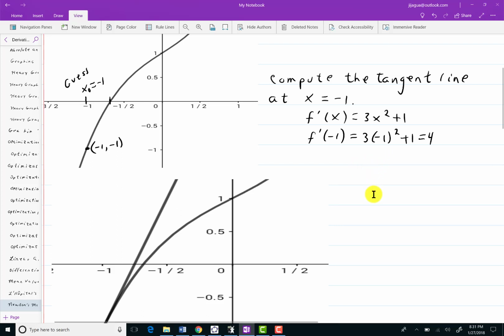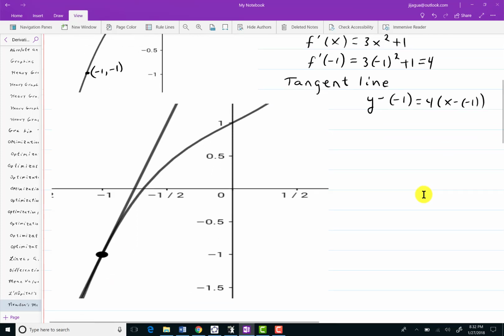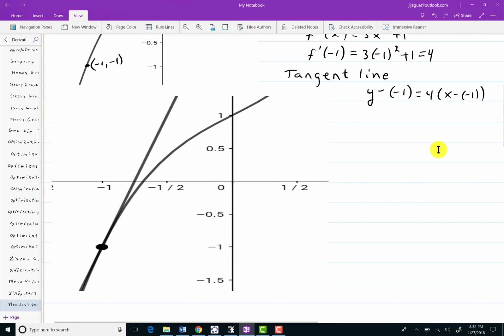So my tangent line: I have a point, -1, -1, and I have a slope. So my tangent line is y minus -1 equals 4 times x minus -1. Or a little more simplistically, y plus 1 equals 4 times x plus 1.